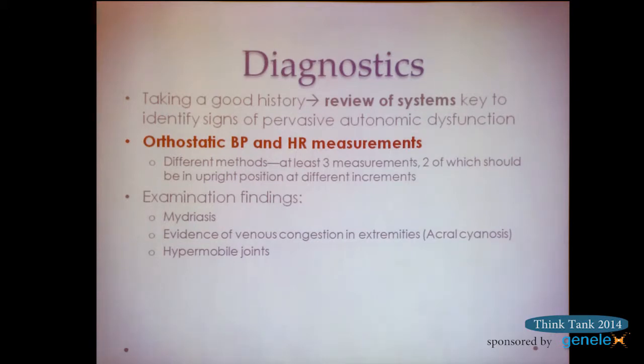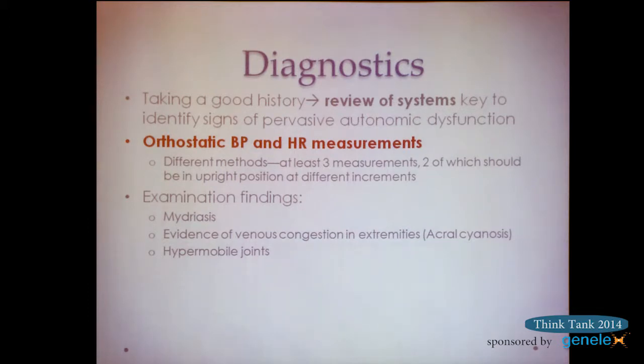There's evidence of venous congestion in the extremities in some patients, so you see this purplish, slightly congested, edematous looking lower extremity. Usually it's more common in the feet than the hands, but occasionally you'll see some hands that look that way. Hypermobile joints, certainly sometimes they walk in with that as the chief complaint, and really they've got a connective tissue disorder that needs to be worked up.